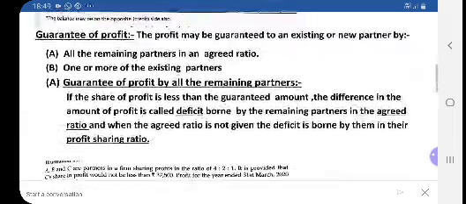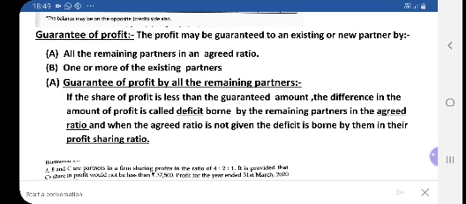He will not bear any loss. So in that case, in numericals, this guarantee of profit is given by all the remaining partners or old partners, or by one or more of the existing partners. Whatever the case, that will be given in the question.